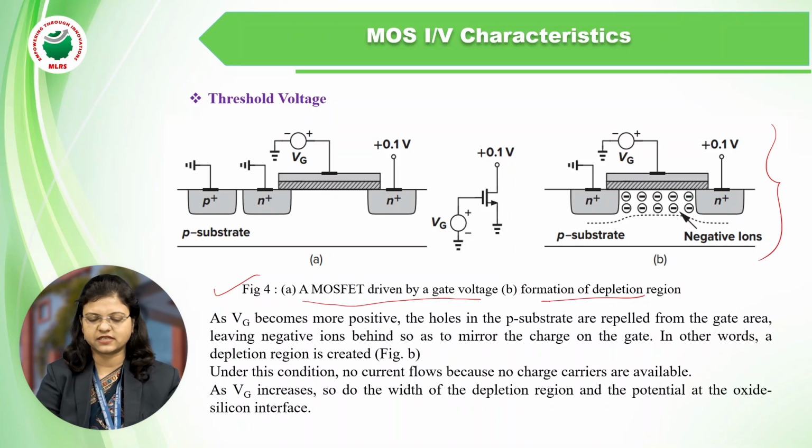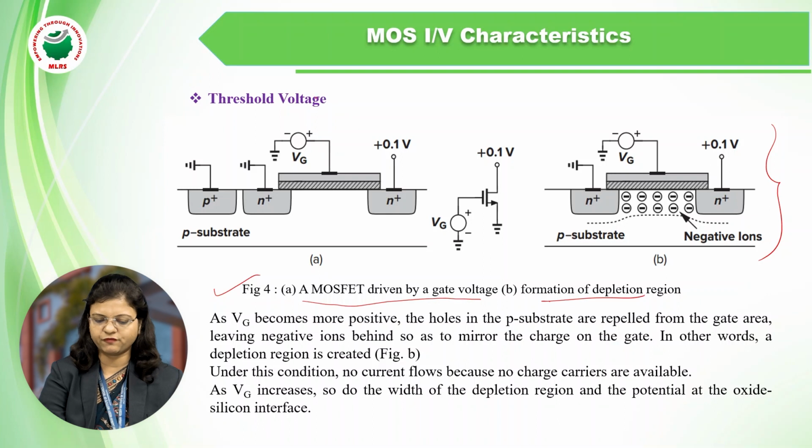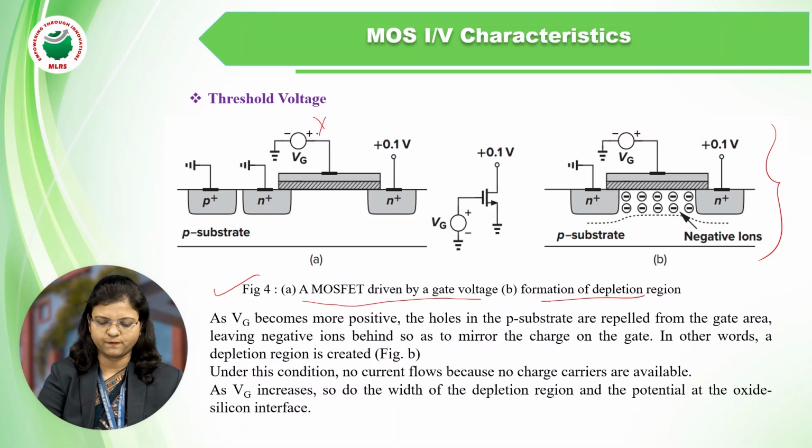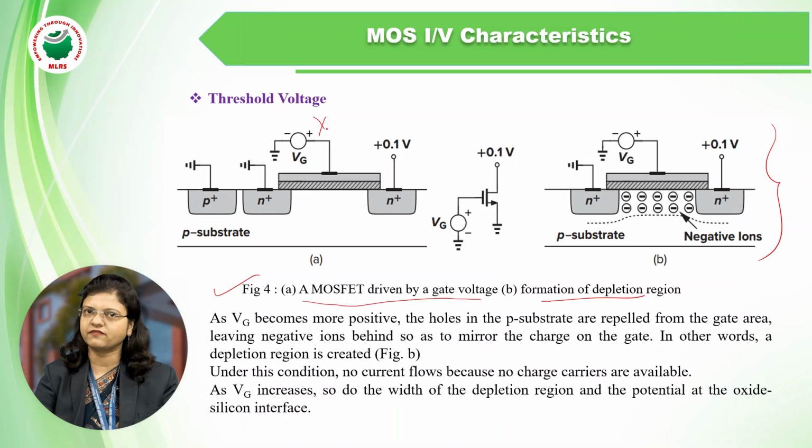Consider first that we are not giving any VG, or there is no threshold voltage. So what will happen? In that case, when we are not providing any gate voltage, the transistor will be in the off condition, meaning it will be turned off.